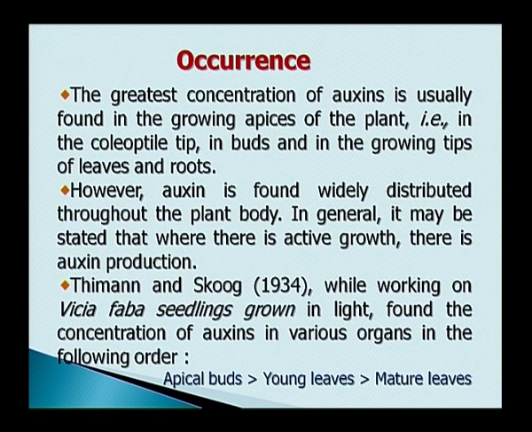It may be stated that where there is active growth, there is presence of auxin. In 1934, Thimann and Skoog worked on Vicia faba seedlings grown in the light, and they found that the concentration of auxin in the organs was maximum in apical buds, followed by young leaves and followed by mature leaves.